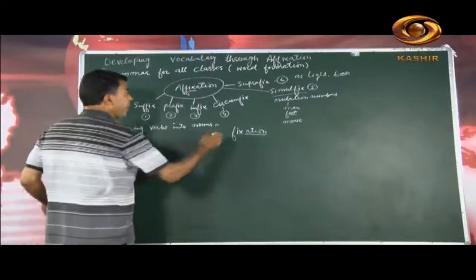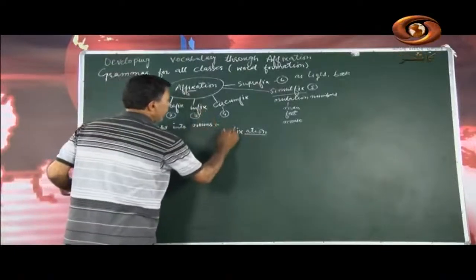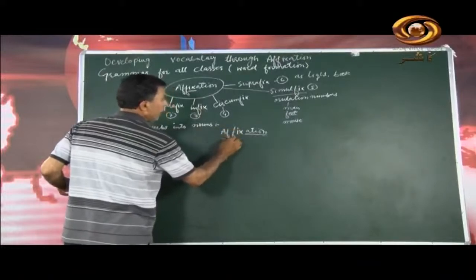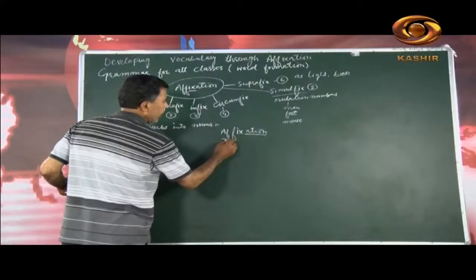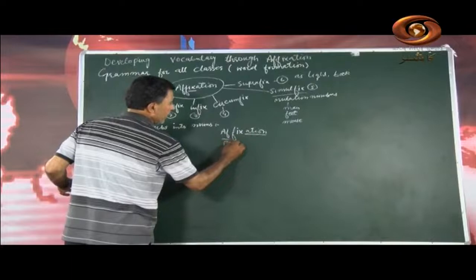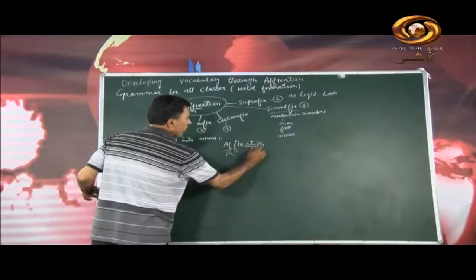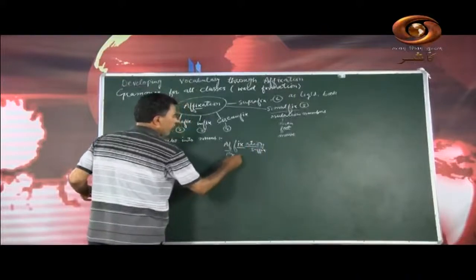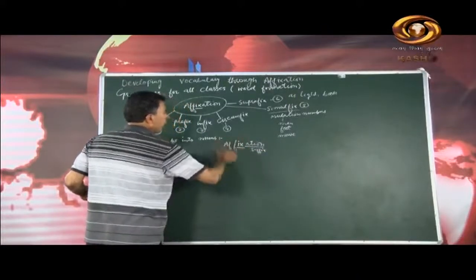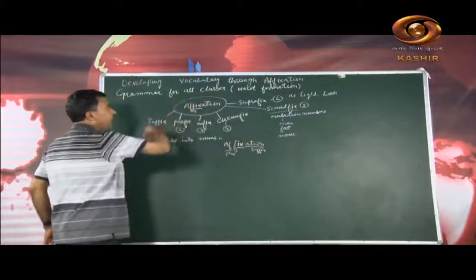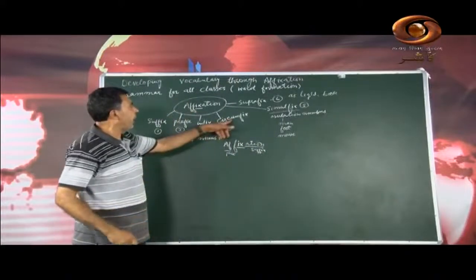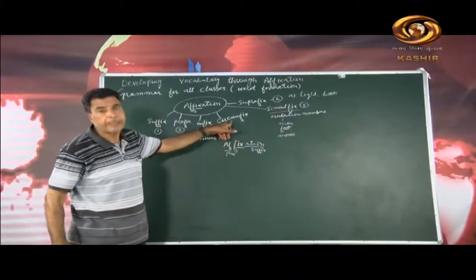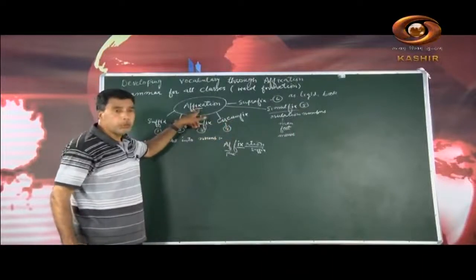Then if we add one more thing, AF, I have added this as prefix, here it is as suffix, here is the root word. This whole word we call circumfix.